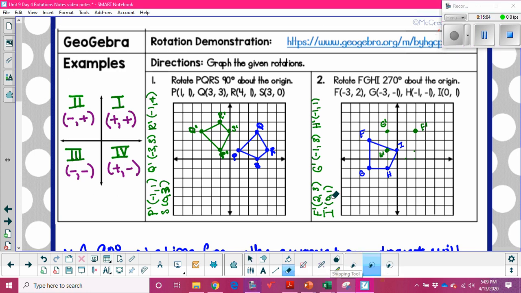Okay, so let me erase this real quick right here. All right, so I prime will be at 1, 0. Okay, so 1, 0 right there. Okay, all right, so now we're just going to draw it in.